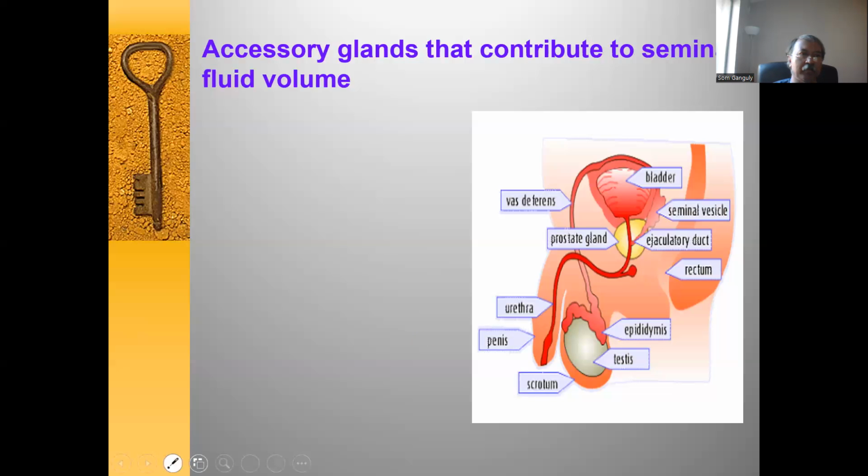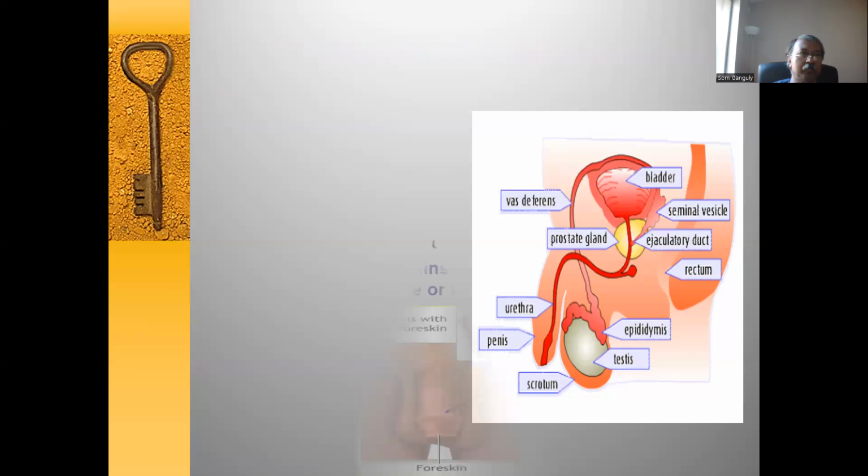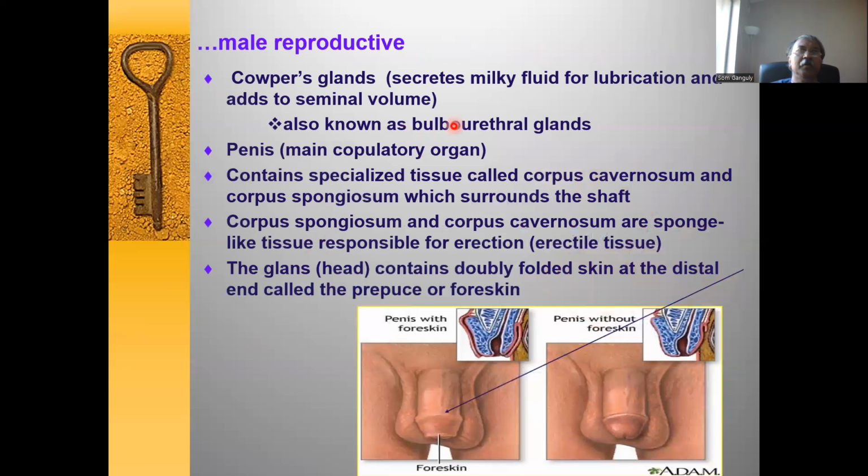So to go back, the male reproductive structure also includes Cooper's gland, seminal vesicle, and prostatic gland.